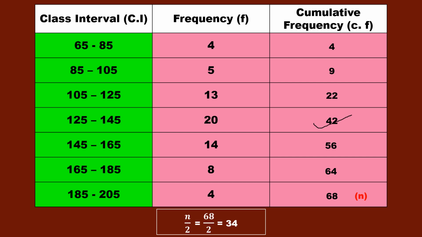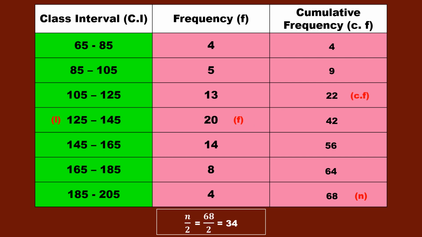So you should not take the 42 value itself, but look at that 42 row. In this row you'll have L, the lower limit, and F, the frequency, while the cumulative frequency will be the one preceding the median class.